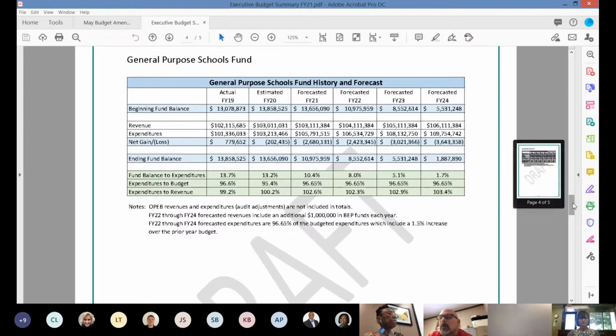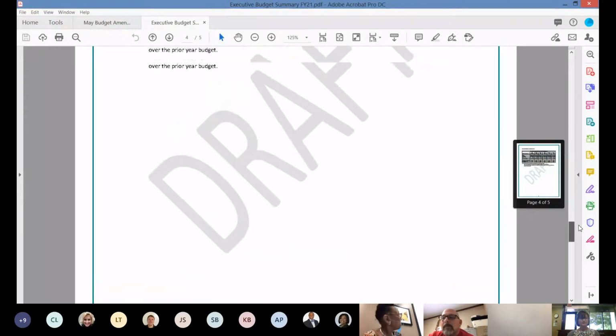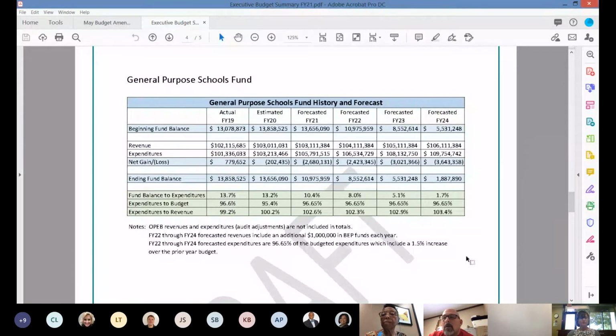Is this on page 4 now? Is that what you were looking at? Yes. So the $1,500,791 in expenditures, Holly, again, that's an average of the percent of budget that we've been coming in.